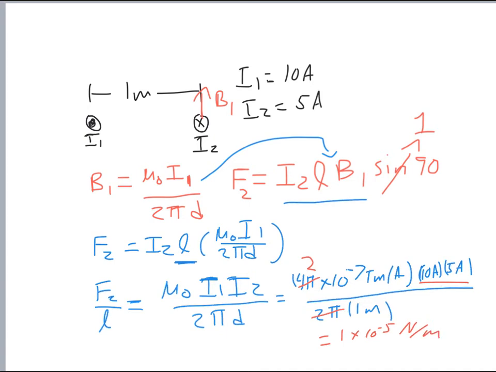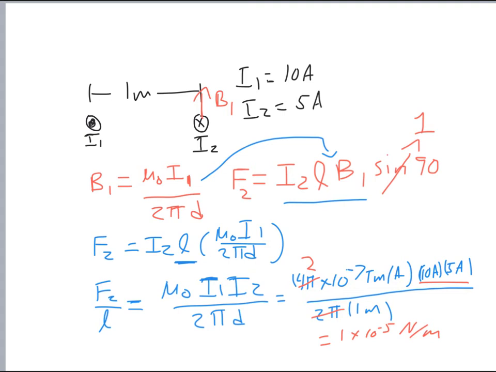And that is the force on the rightmost wire. Now, what about its direction? Well, the direction is going to be pretty straightforward because we can see that we have a current going into the page, and so we can apply our other right-hand rule. We make our fingers into that karate chop shape with our thumb extended at a right angle, and we point our fingers into the page.